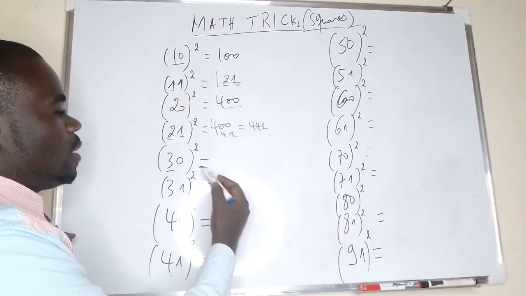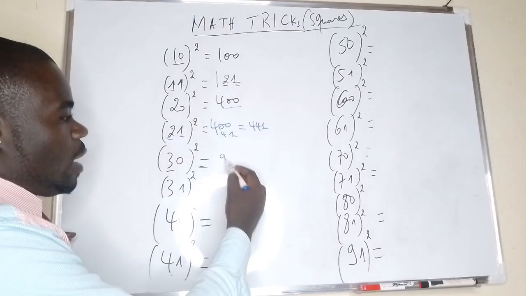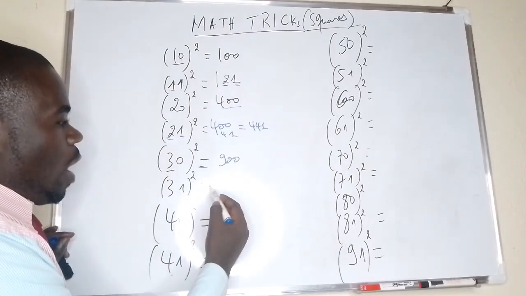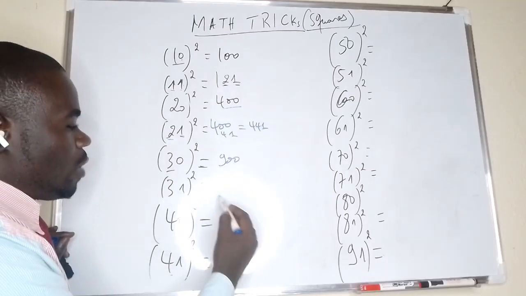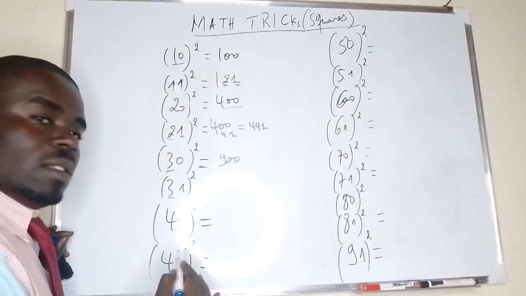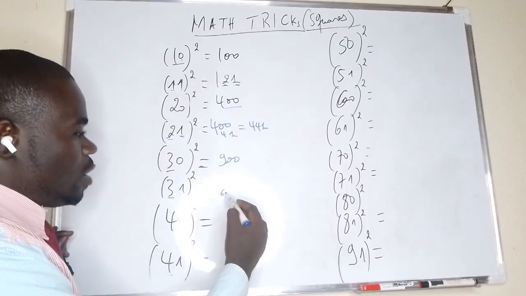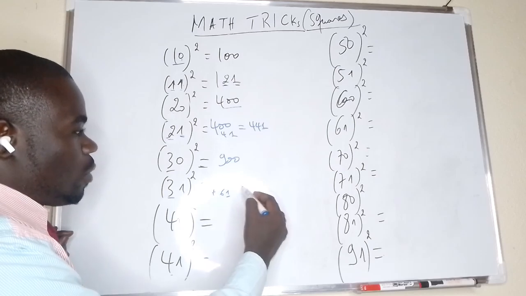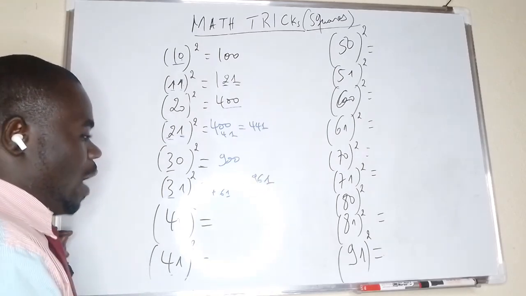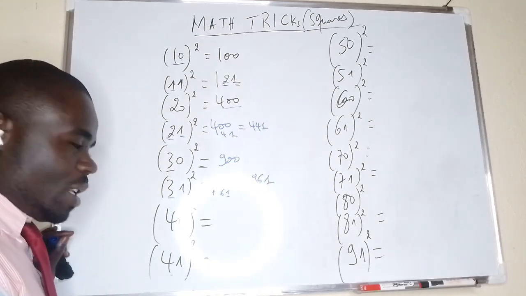For 30 squared, it is 900. Then for 31, it will be 900, then we take this 30, multiply by 2, which is 60, then we add 1. It means we add 61, so we get 961. What about 40? The same as this.